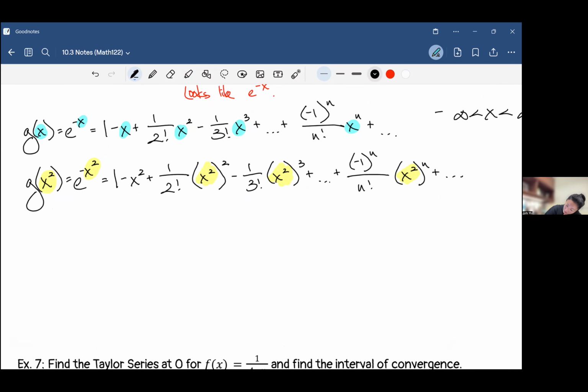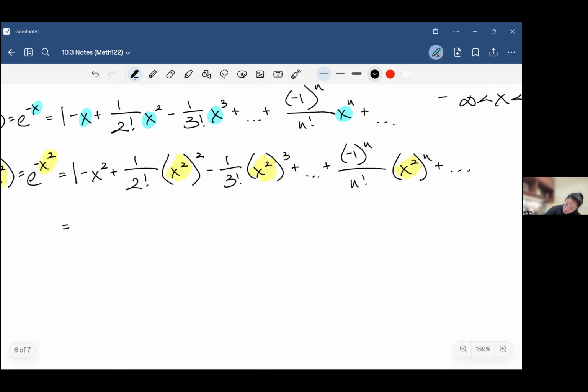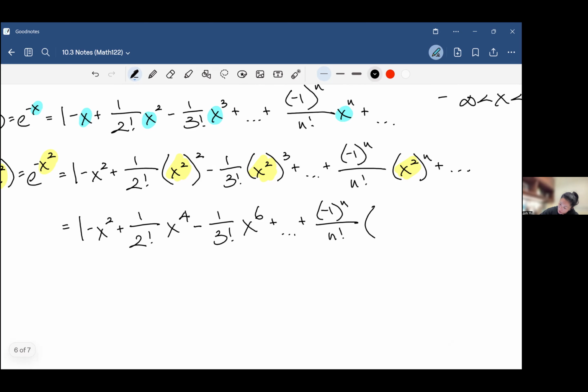So when we clean this up, we'll get 1 minus x squared plus 1 over 2 factorial x to the 4th, because it's 2 times 2, minus 1 over 3 factorial x to the 2 times 3 is 6, plus negative 1 to the n over n factorial x to the 2n, because I'm going to be multiplying the 2 times whatever that power is on the outside.